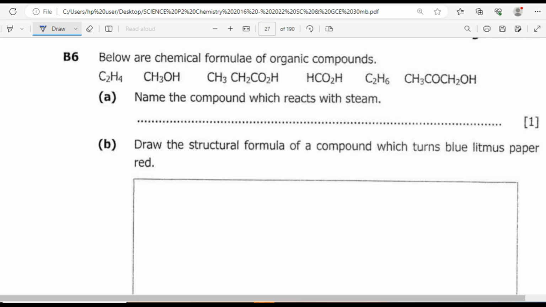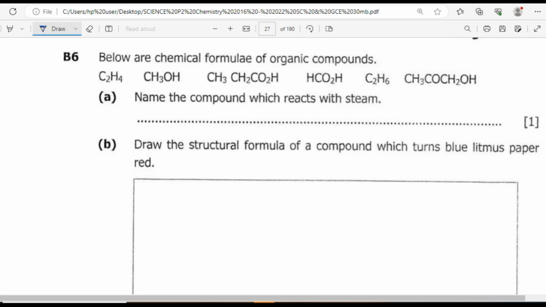Okay, so now we move on to another question. Below are chemical formulae of organic compounds: C2H4, CH3OH, CH3CH2COOH, HCO2H, C2H6. The first question is, name the compound which reacts with steam.